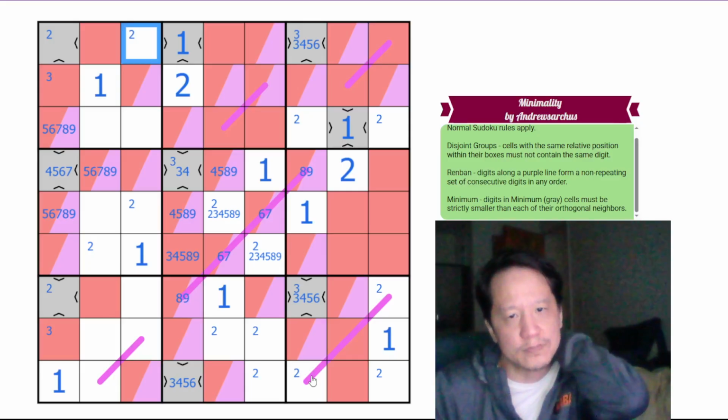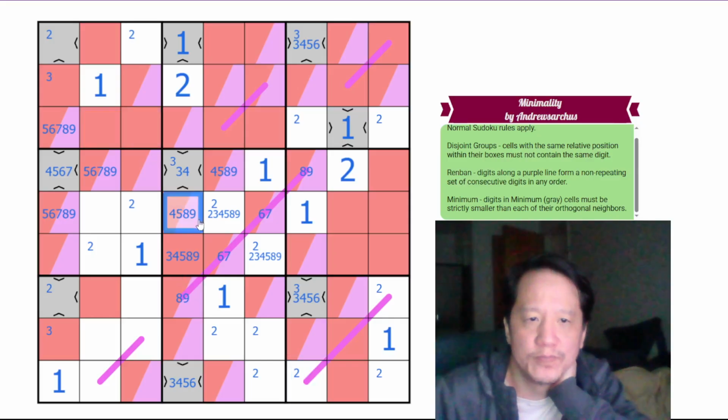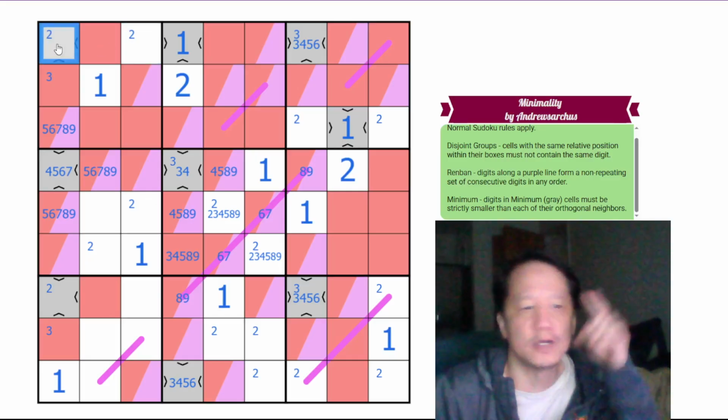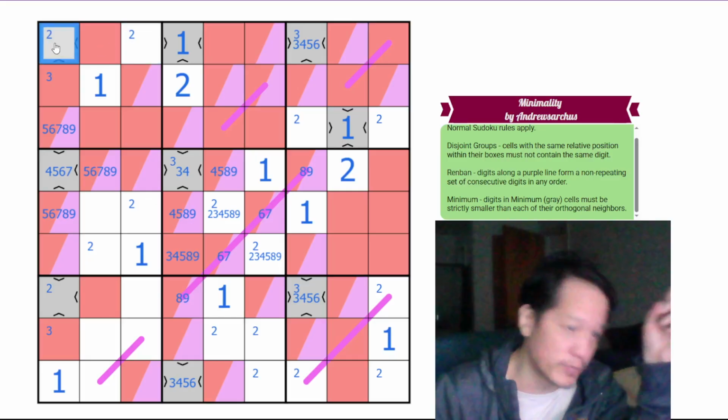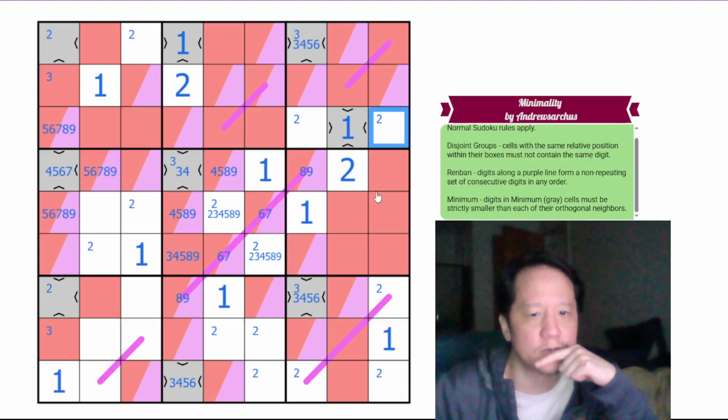Well, not either of these could be 2. So in box 1, we have a 2 in the upper left-hand cell or the upper right-hand cell. In box 3, we have 2 in the lower left-hand cell and the lower right-hand cell.